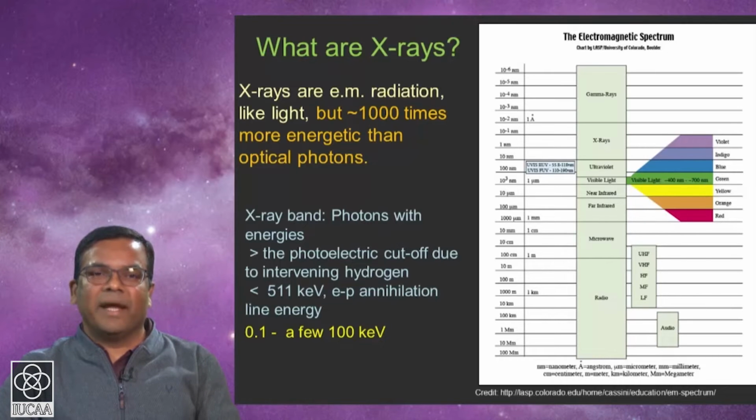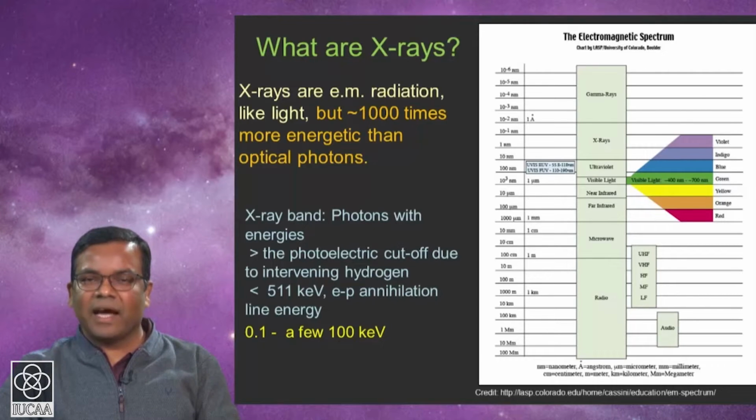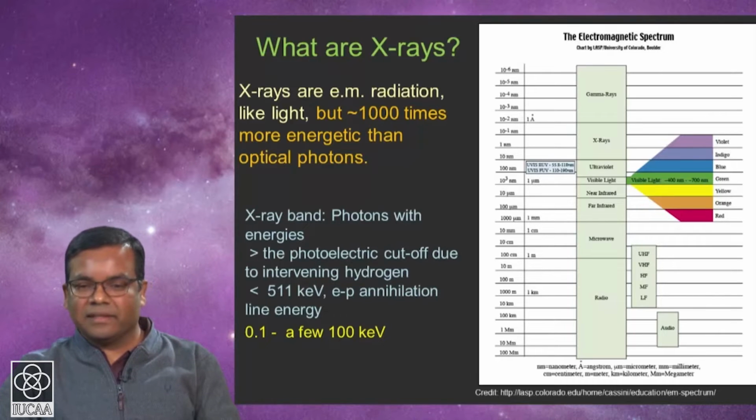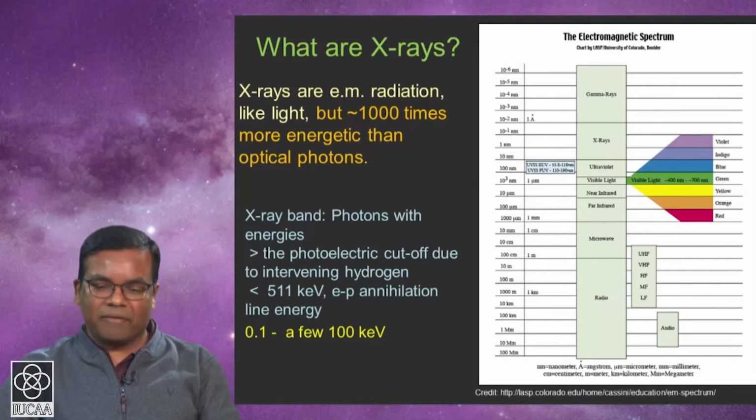The X-ray band is generally considered to be in the range of 0.1 to a few hundred keV. In this picture, you see the visible band is a very tiny fraction of the entire electromagnetic wave band, while X-rays contain a large fraction of it, and hence contain lots of information as well.